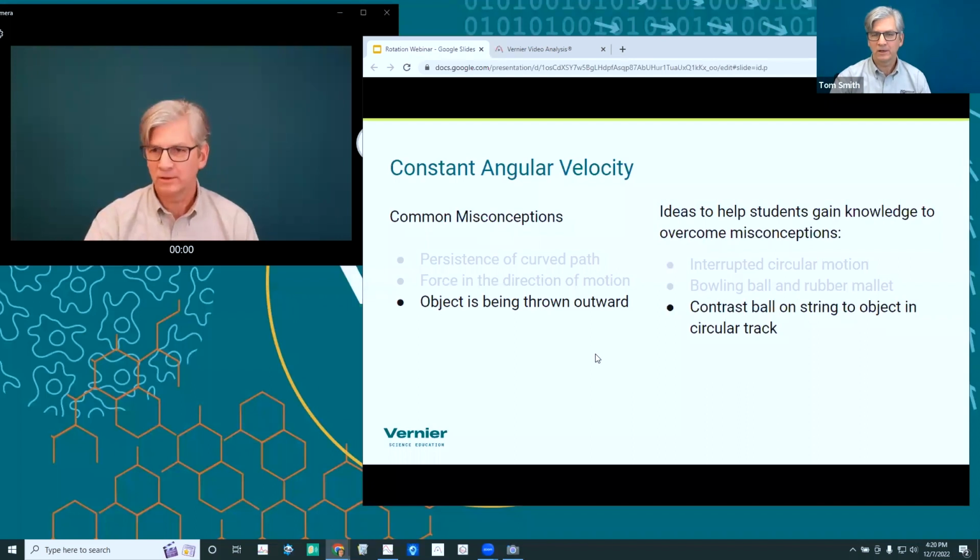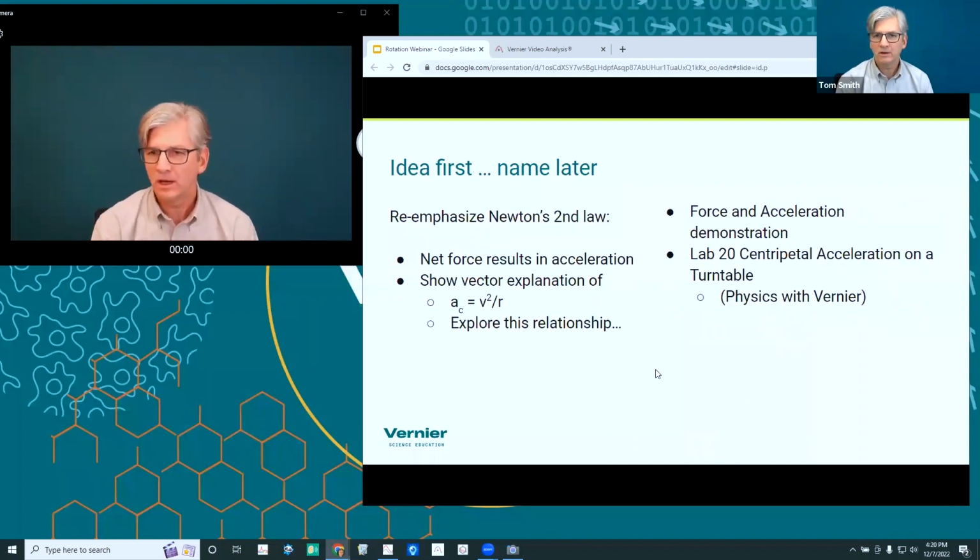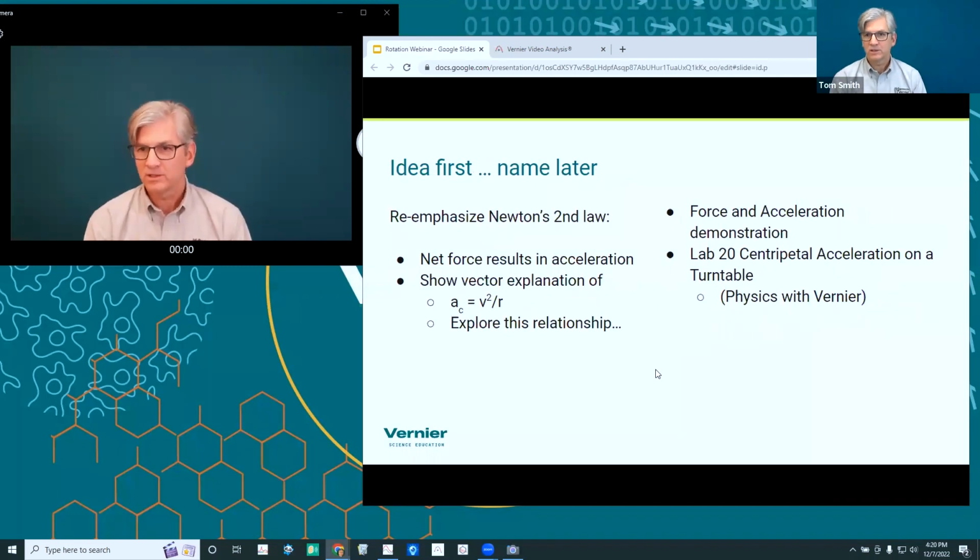When they start talking about this idea of constant circular motion, uniform circular motion, where we're not accelerating tangentially at this point, we're simply accelerating centripetally towards the center.